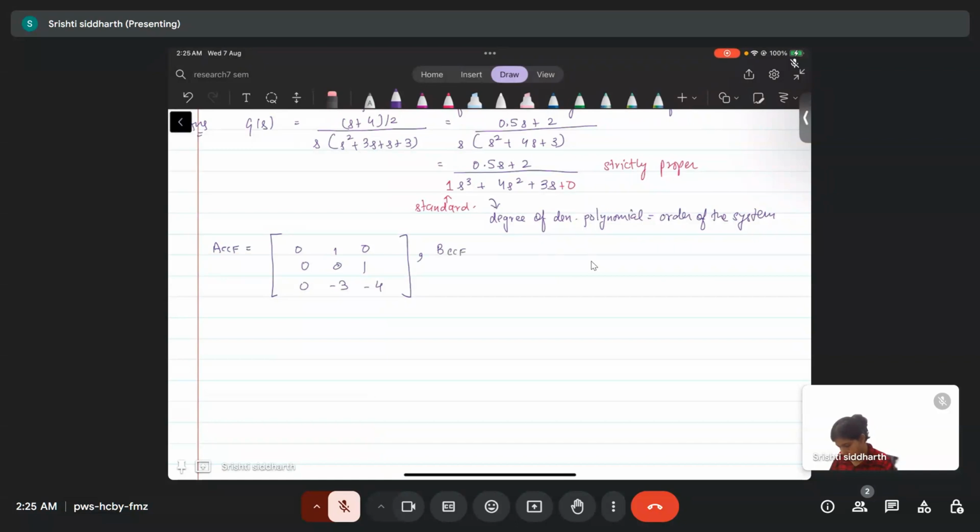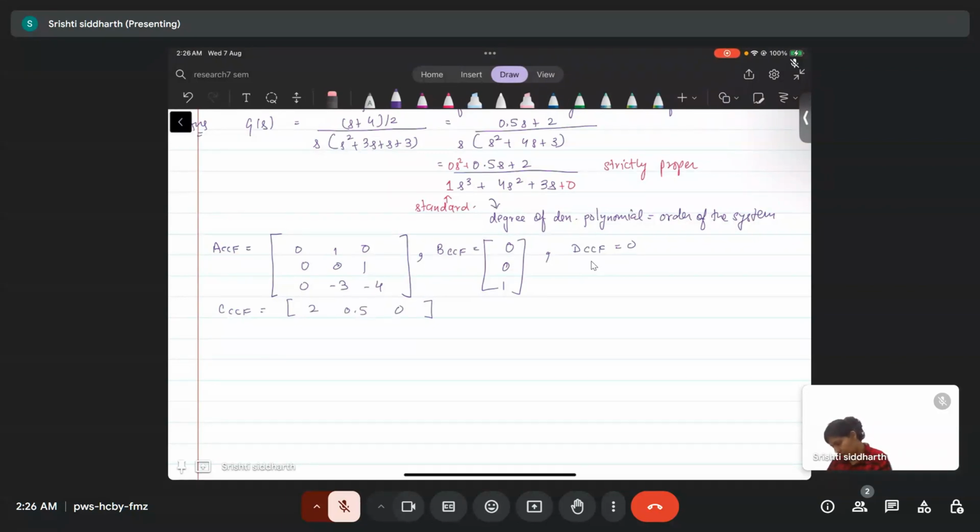Then we would have B as 0 0 1. We already know what D_CCF is going to be: 0, so it's strictly proper. Note that C is going to be 0.5 2 0.